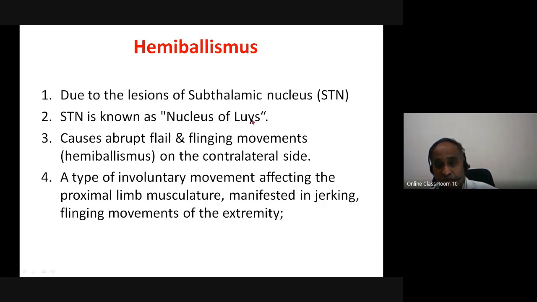I don't know how to pronounce it, maybe Luys, nucleus of Luys. Just for your reference. Lesions of the subthalamic nucleus produce this hemiballismus. Here there is a typical involuntary movement affecting the proximal limb musculature, manifested as a jerking, flinging movements of the extremity, suddenly throwing.